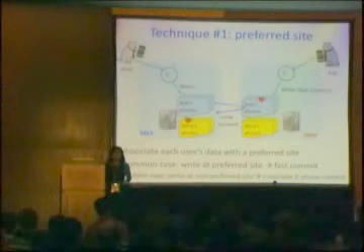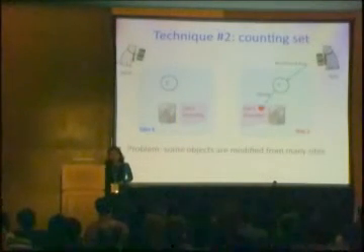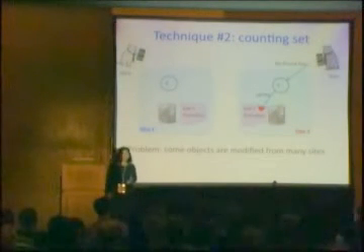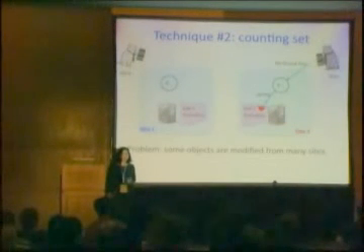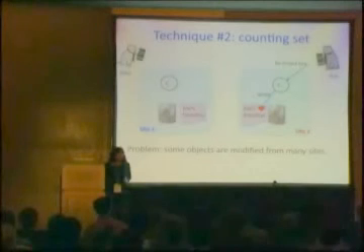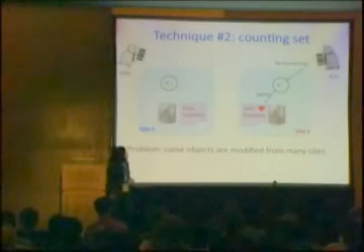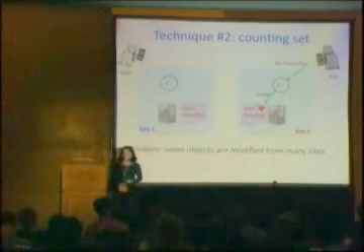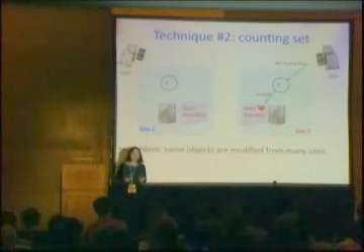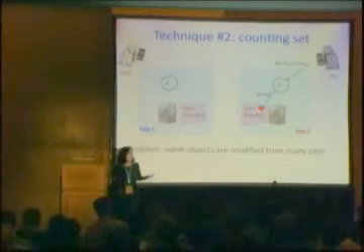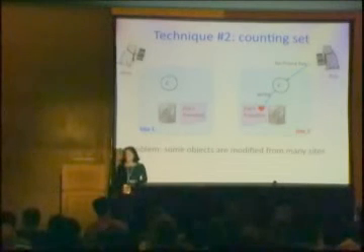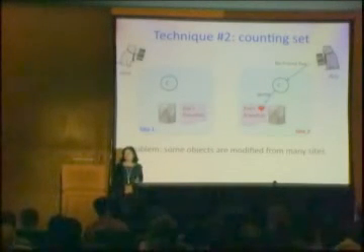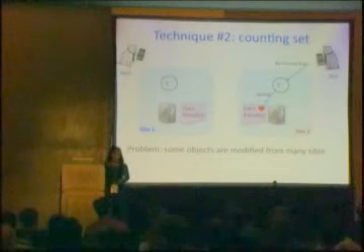Well, the preferred site solves a lot of problems, but not all. In particular, in our Catbook application, we found that many objects are modified by many users, so they are modified from many sites. In this example, Bobcat answers the befriend request of Eve, so he's going to perform an operation to write his name to Eve's friend list.